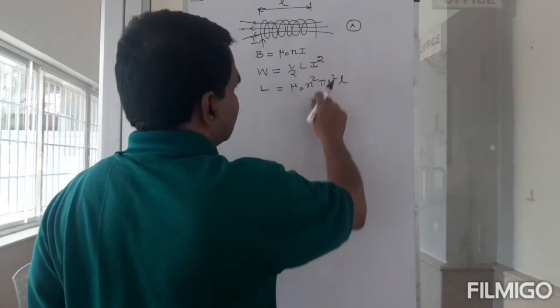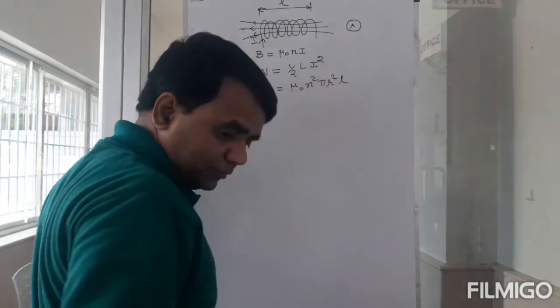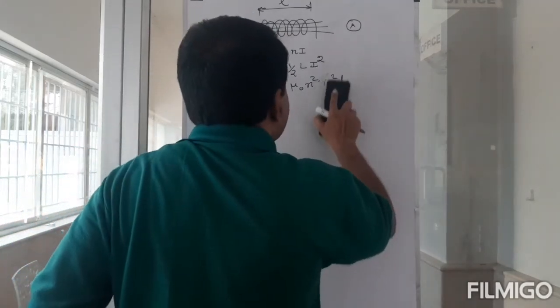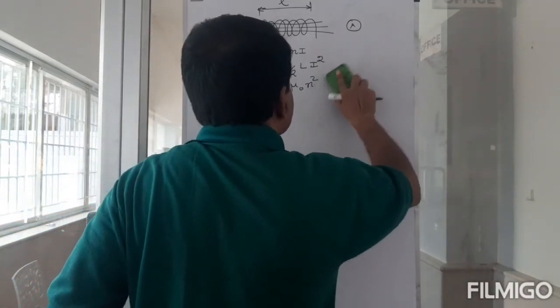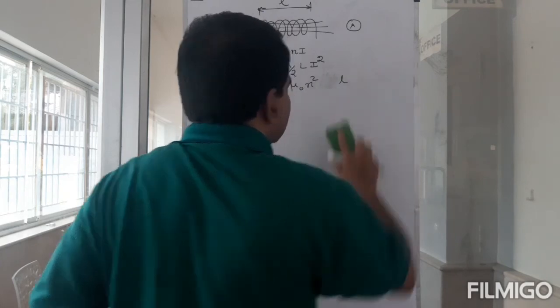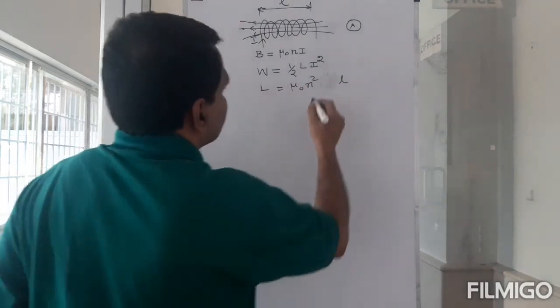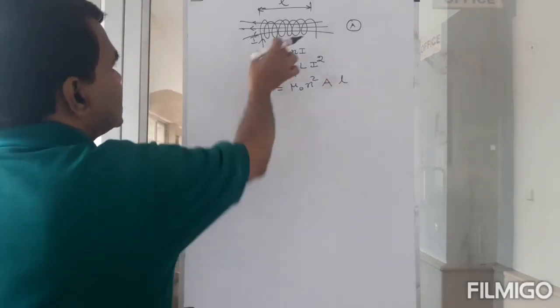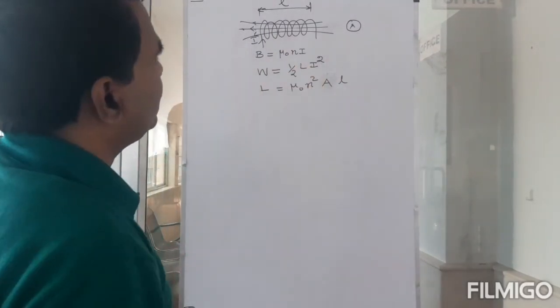Now instead of pi r squared, I'm going to have the area simply, A. This is my B, this is my l.